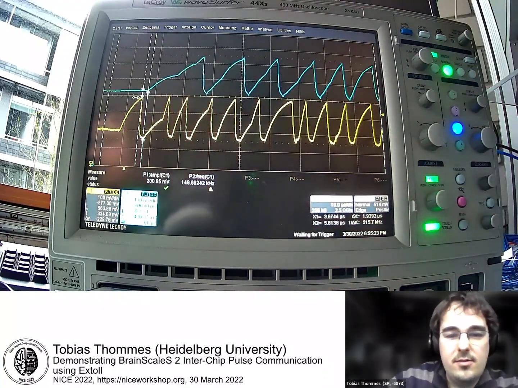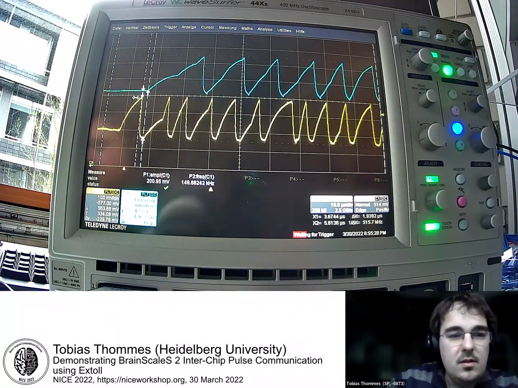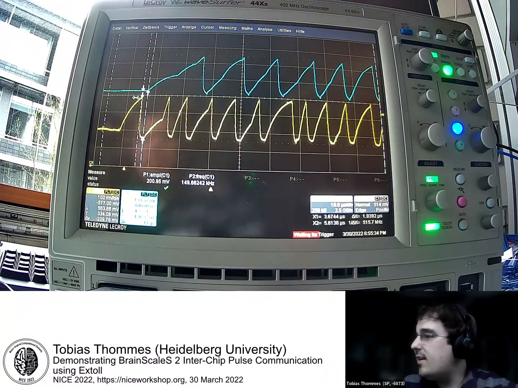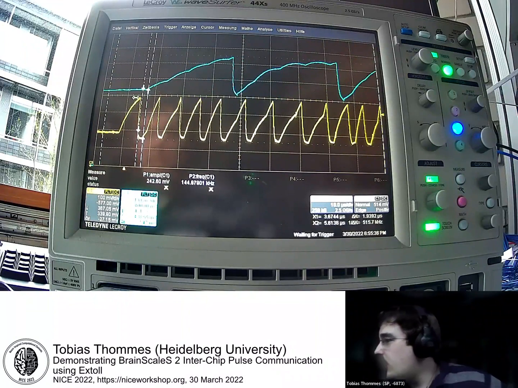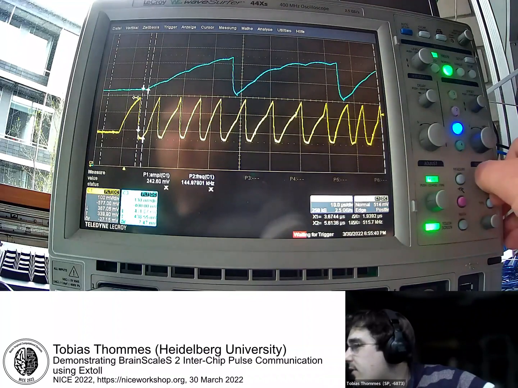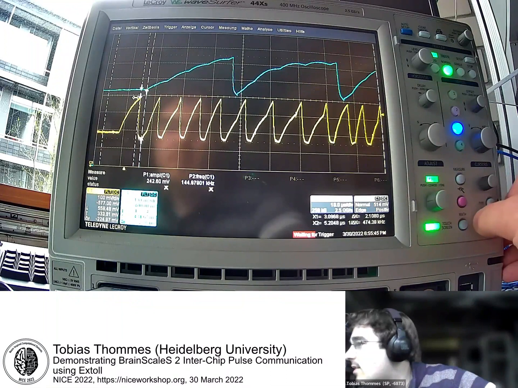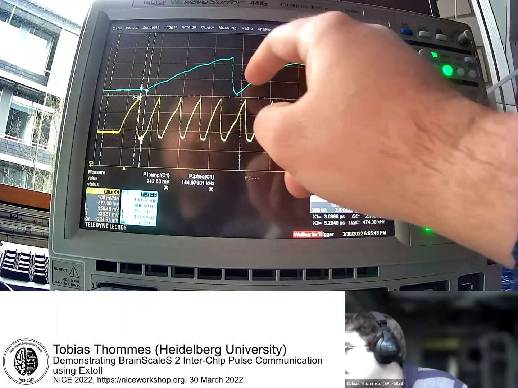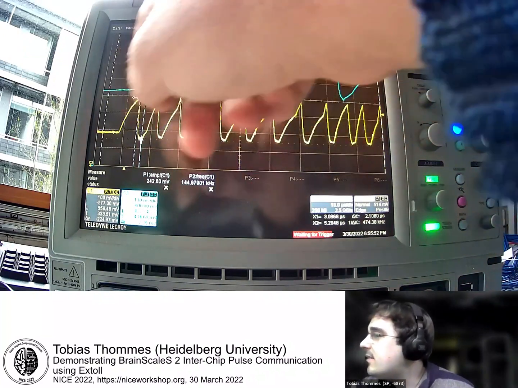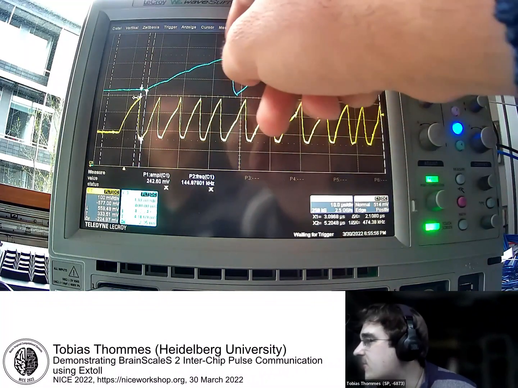We can play around a bit more and decrease the weight of the stimulus population, which then decreases the spike rate of the source neuron even more, and also because the weight of the destination neuron on the second chip is also decreased, we see that the membrane needs quite more time to elicit a spike on the second chip.